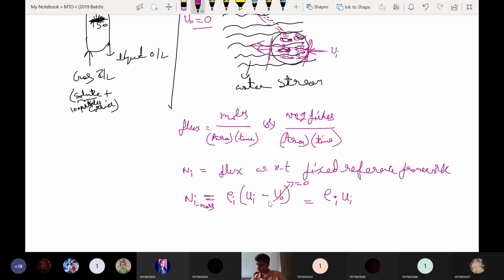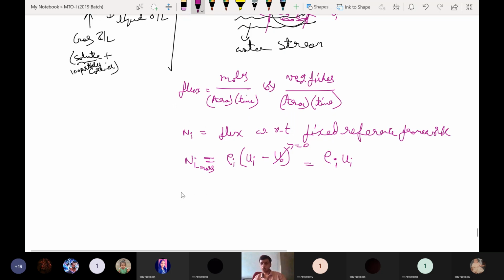Mass concentration of your fishes into velocity of your fishes. Then Ni mole, molar concentration, this is molar flux. So this we can say Ci into Ui minus u naught. We already know when Ni is defined with respect to a fixed coordinate system, u naught is equal to 0.